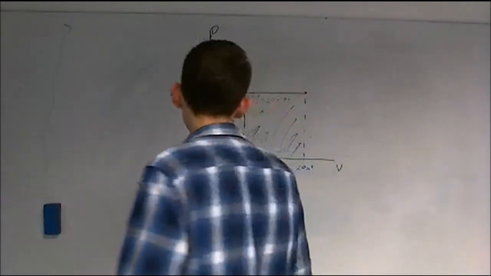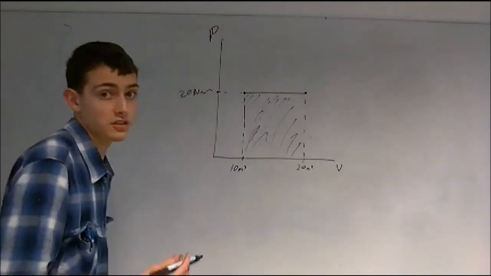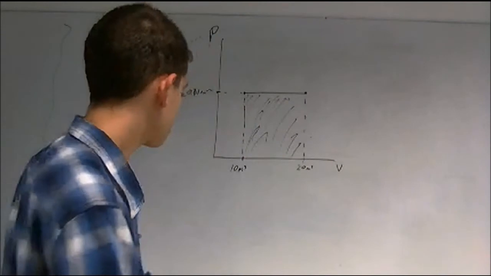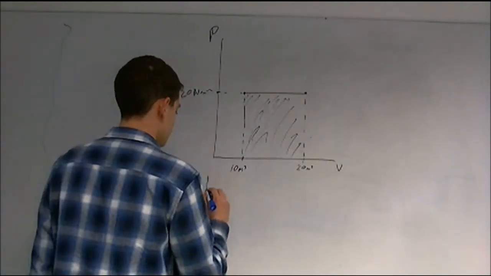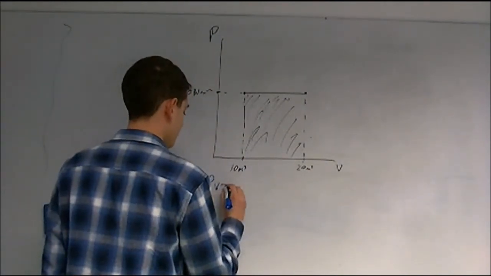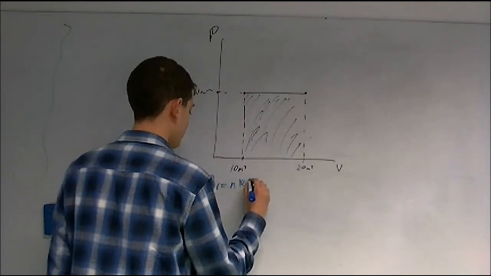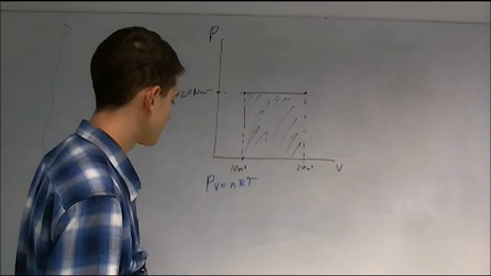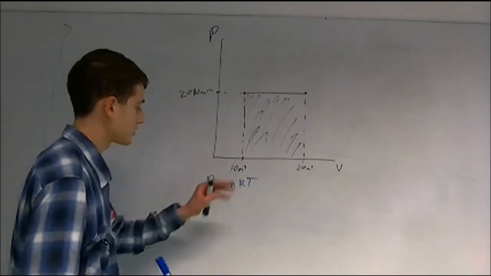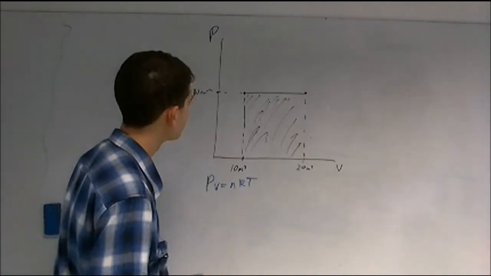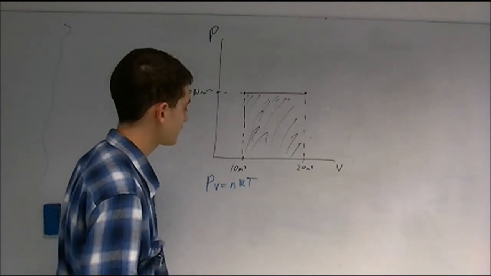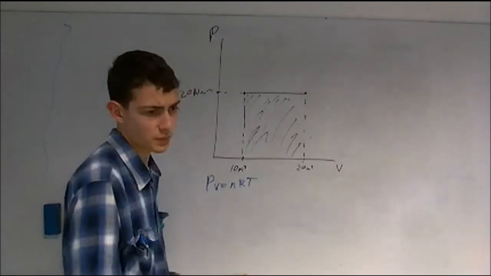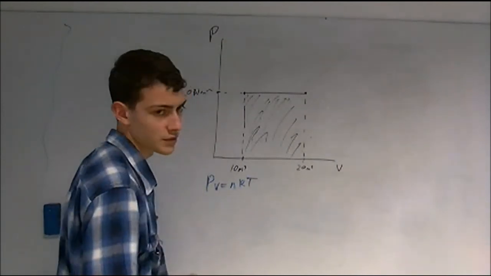Well, first let's think about what this means, so we can get a feel for it, and we'll do that in blue. So PV equals nRT. And here pressure is constant. So what we're looking at is change in volume. Really at a constant pressure.